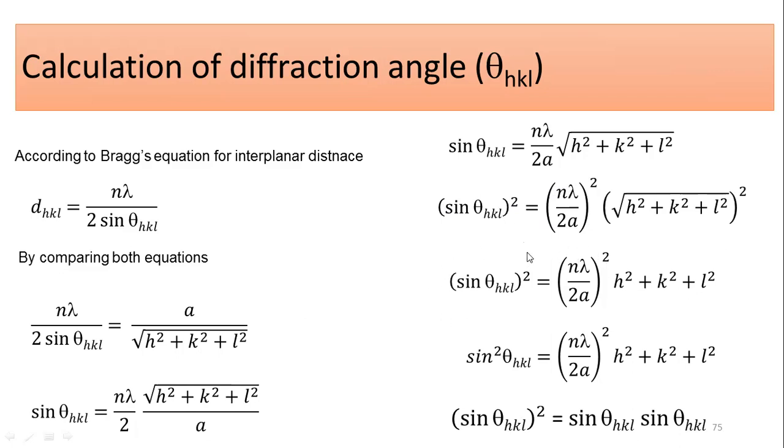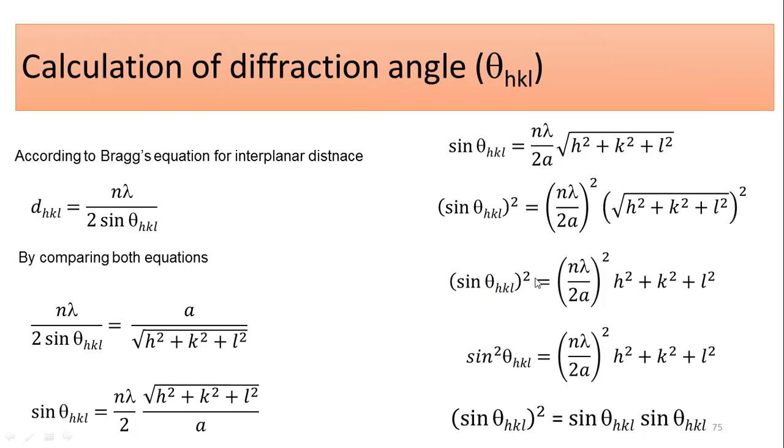And this would be left. Again, sine theta square, you have to write in this form: sine square theta, not sine theta square, because here this is equal to sine theta HKL multiplied by sine theta HKL. This is sine square theta.